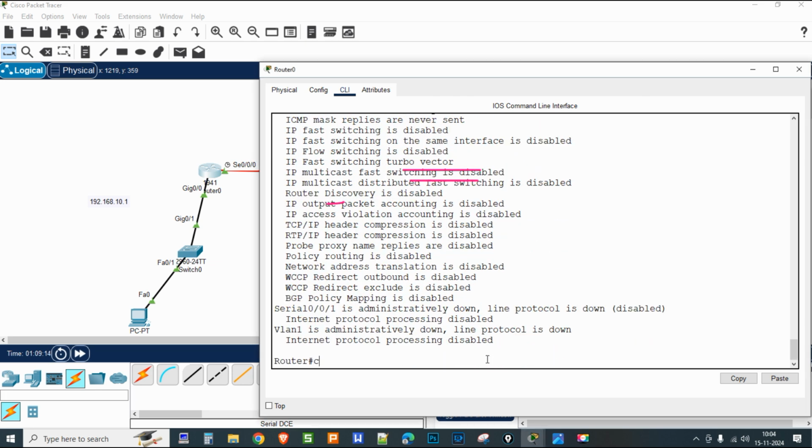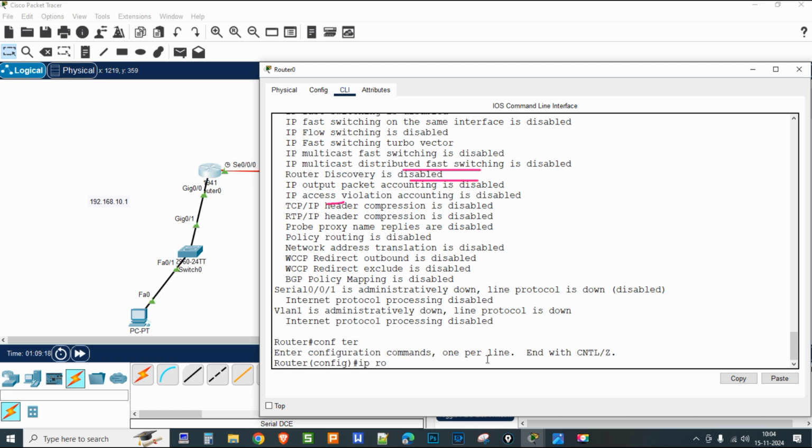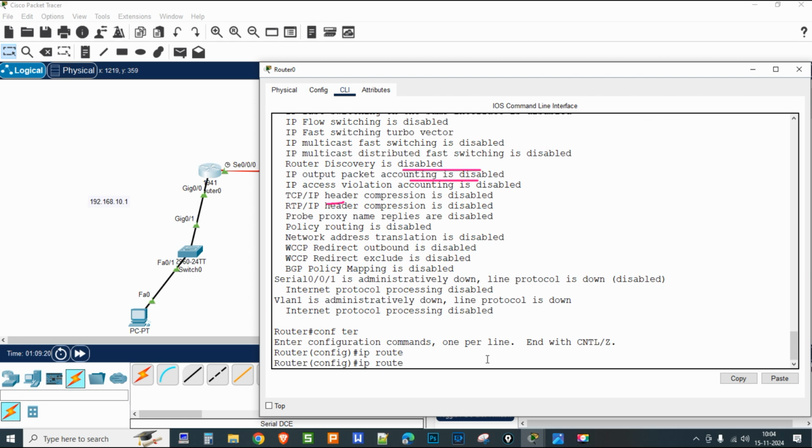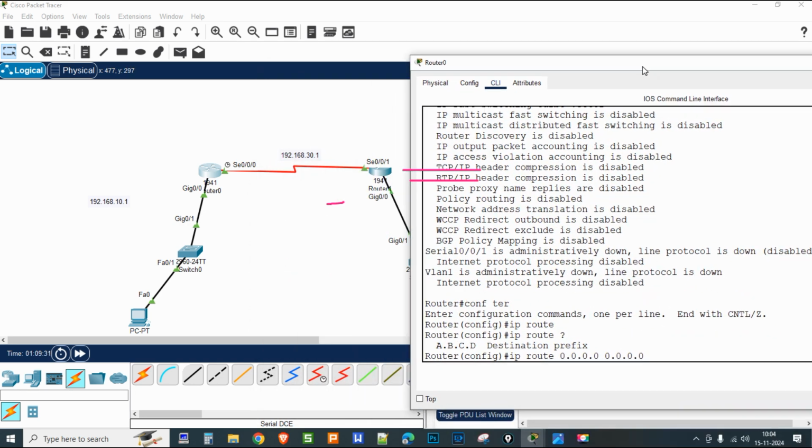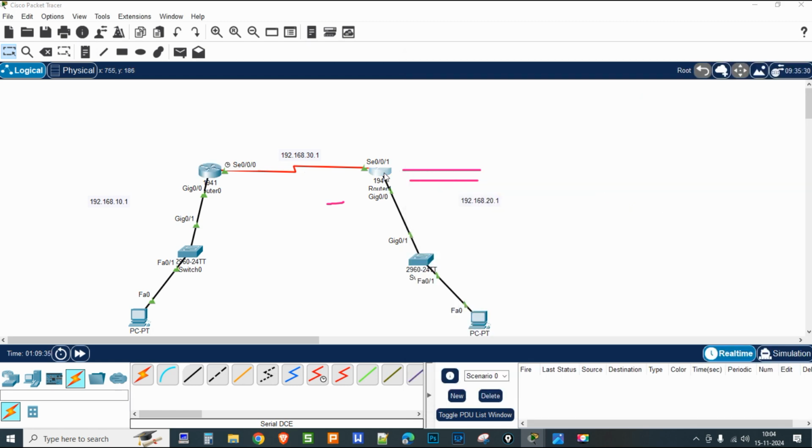How do we configure the default static route? IP route. Here you can put the question mark, it can show the outgoing interface. We can configure serial number. Just a minute.